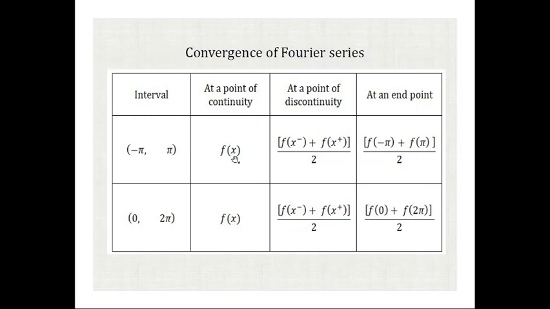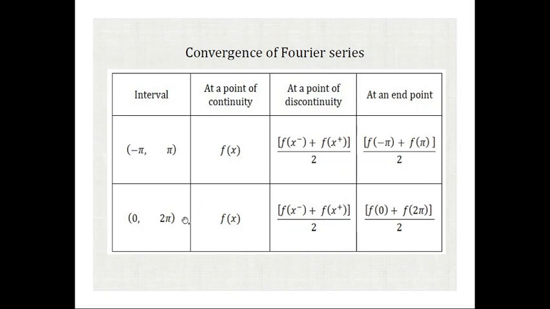If both are the same, then we say that the given series on the right hand side converges to the given function f of x. If the values are different, then we say that the given series does not converge to f of x. Now we have special cases here.